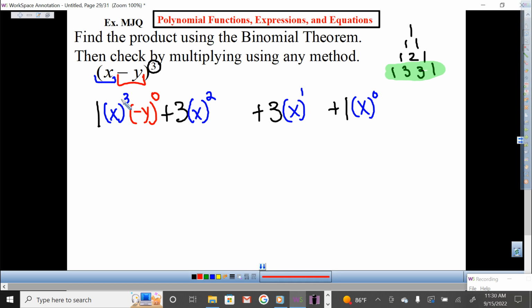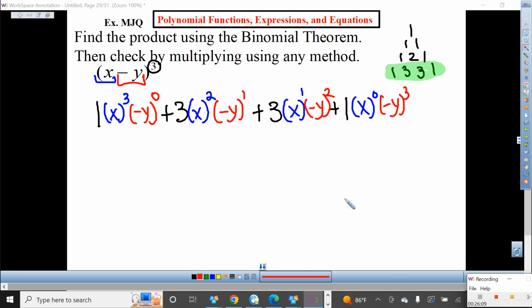So if this one started with the highest and it decreased, this one starts with the lowest and it increases. Negative y to the first, negative y to the second, and negative y to the third. Copy that, please. Yeah, copy that really quick and we'll finish it together.